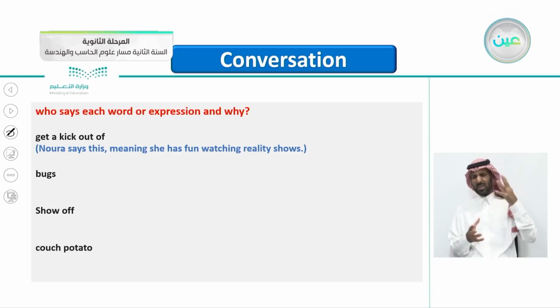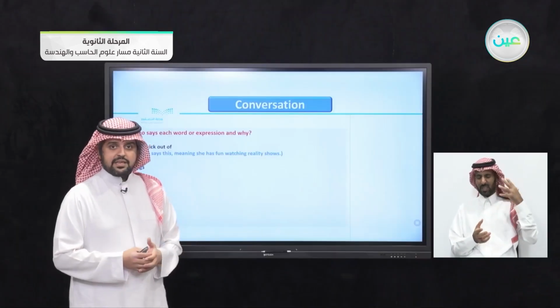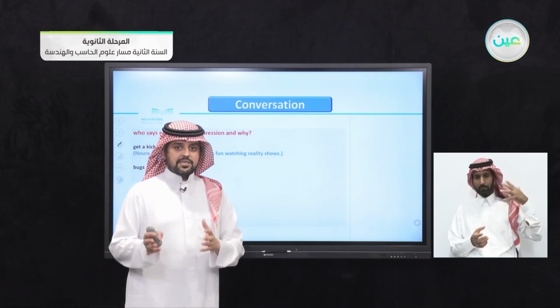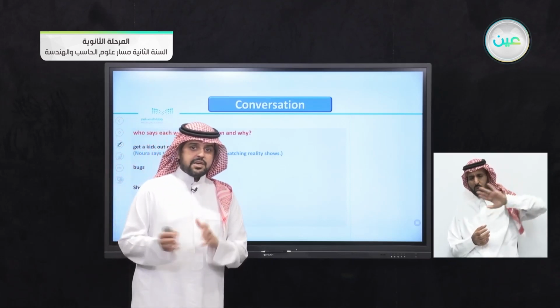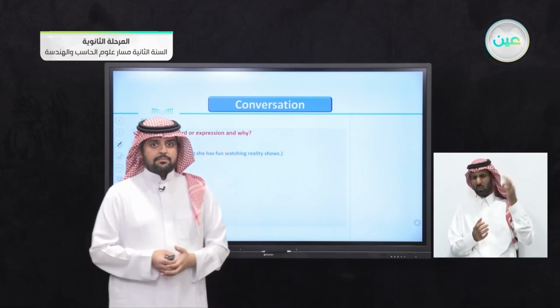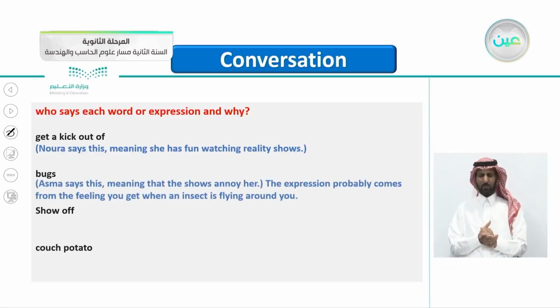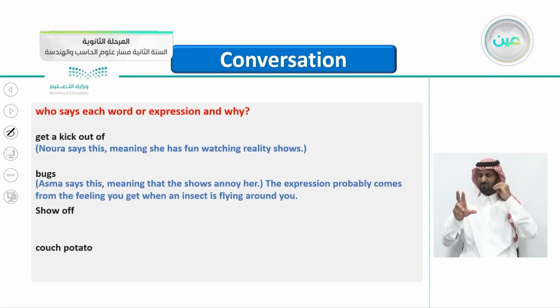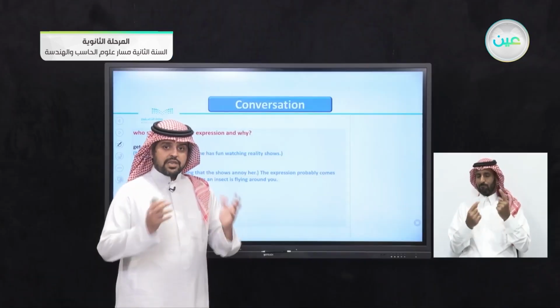Bugs. When you say something is bugging me, something bugs me, is it related to bugs, the small insects, or not? Okay. Asma says this. So Asma says it bugs me, meaning that the show annoys her. When you say something is bugging you, it means it's annoying to you.